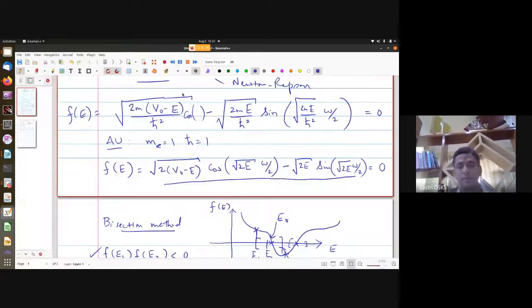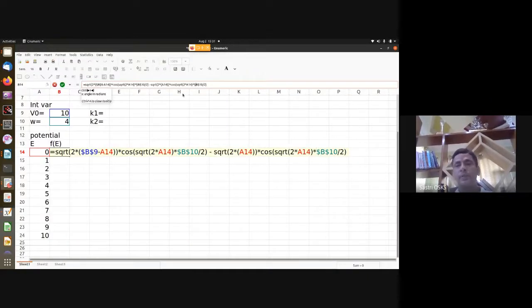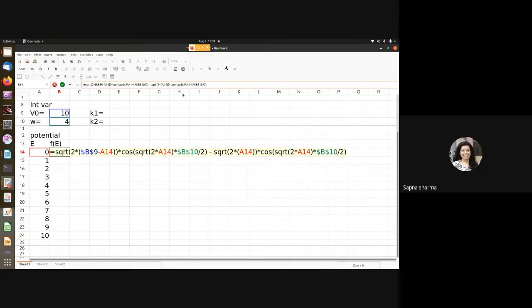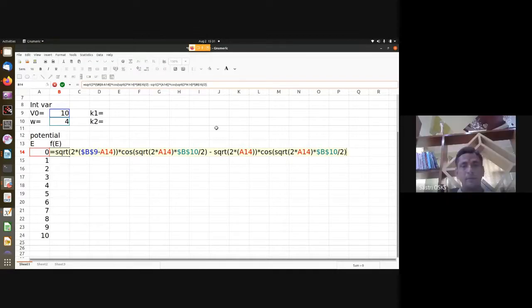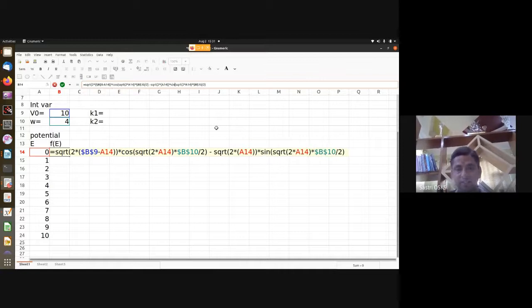Cos value is same. So square root of 2E into sine of square root of 2E into W by 2. I hope everybody is with me, I have given the formula correctly. No, I think there should be sine there. Sine, there should be sine. Thank you, sir. Yeah, right.